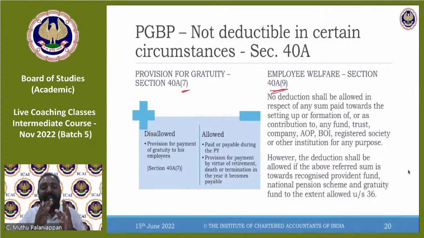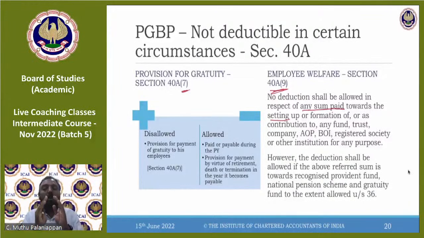And in case you are setting up any trust or any association to manage all this fund of employee funds, the setting up expenditure of such trust is not allowed. So no deduction shall be allowed in respect of any sum paid towards the setting up for or as contribution to any other institution for any purpose.